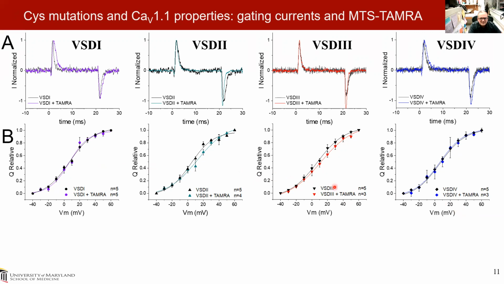These crucial experiments in dysgenic myotubes were designed and conducted by Hugo Ramos, a current PhD student in our lab, and Roger Bannister.